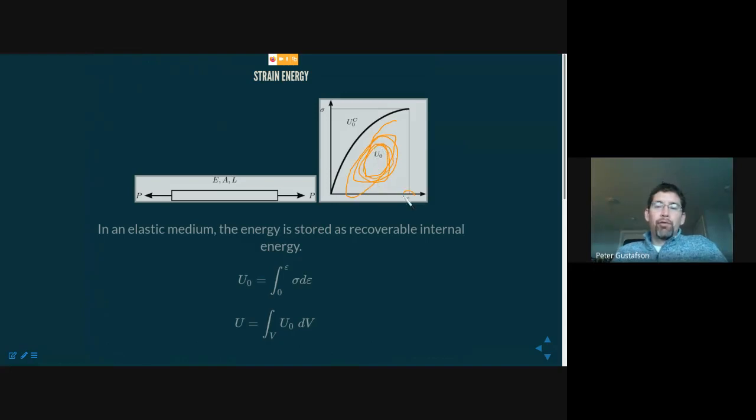Now we can flip stress and strain and write it in such a way that strain is now a function of stress, and then the area under that curve is functionally equal to this area that I'm highlighting here. I'm going to call that U sub 0 C, the complementary energy.